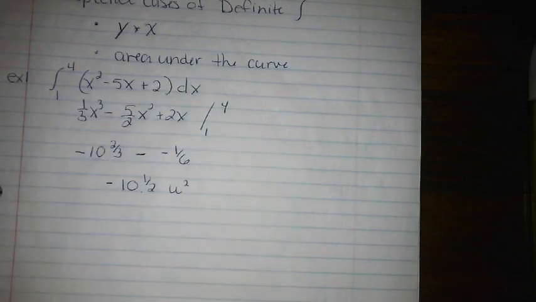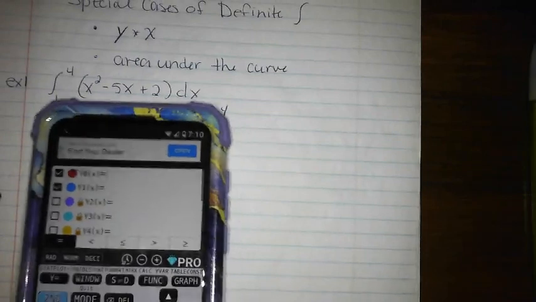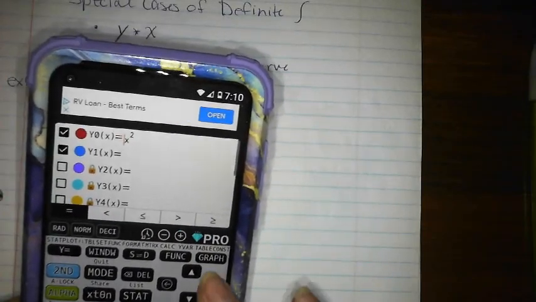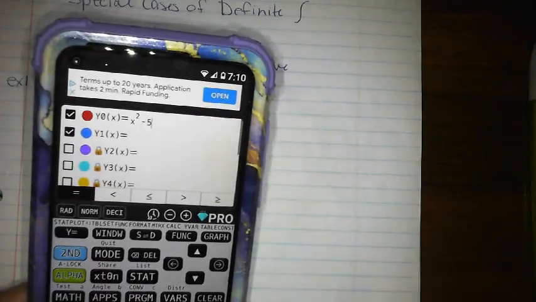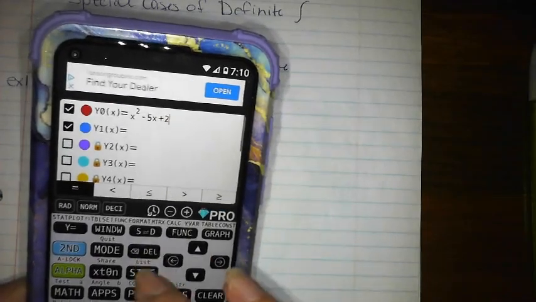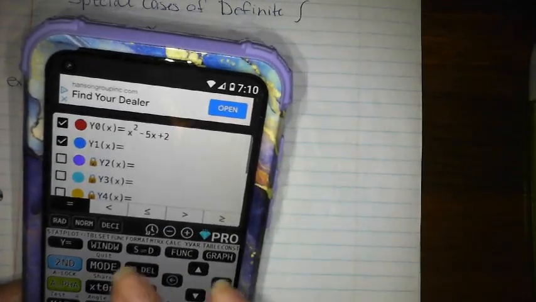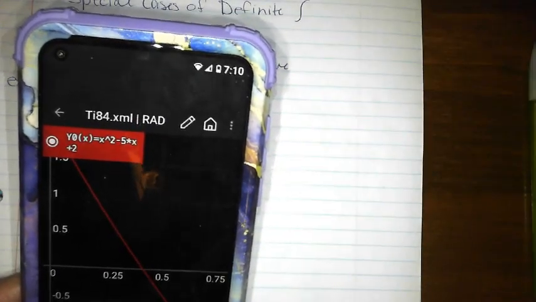So if I graph this, y equals the original equation, x squared minus 5x plus 2. Let's do graph. I'm going to have to fix the window here. Yep, zoom standard. There it is.